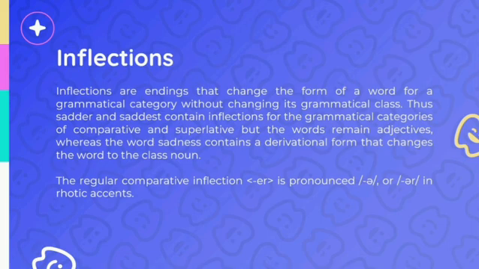Inflections are endings that change the form of a word for a grammatical category without changing its grammatical class. Thus, sadder and saddest contain inflection for the grammatical categories of comparative and superlative, but the words remain adjectives.